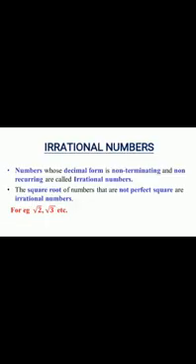Now, irrational numbers. Numbers whose decimal form is non-terminating and non-recurring are called irrational numbers. The square roots of numbers that are not perfect squares are irrational numbers. For example, root 2, root 3, root 7, etc.